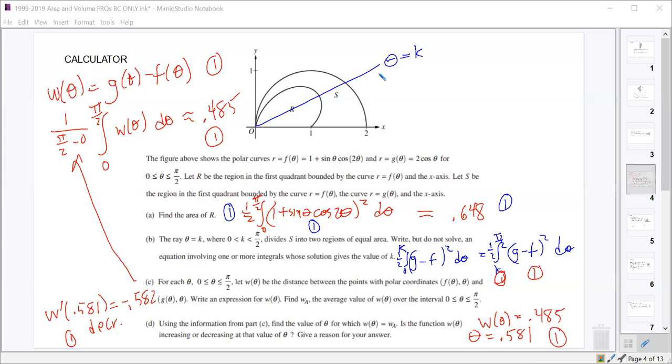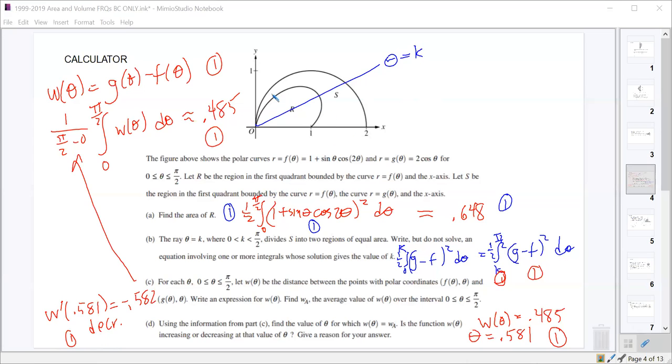Yeah, so Noah, saying that they get closer to each other over the entire interval, while that is true, that's not an explanation that they're going to give you points for. They want a legitimate calculus reason why it's decreasing.